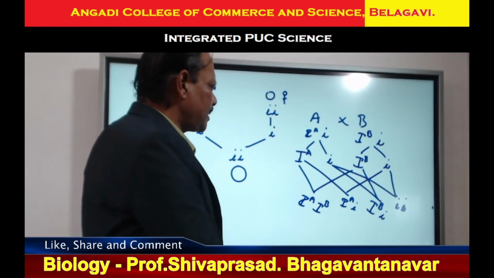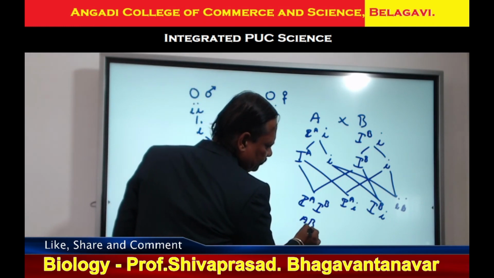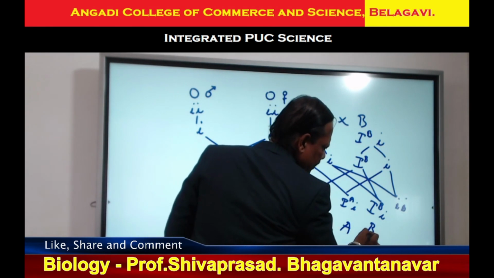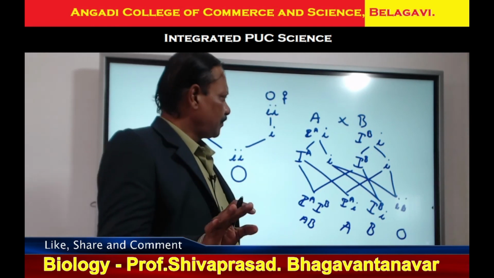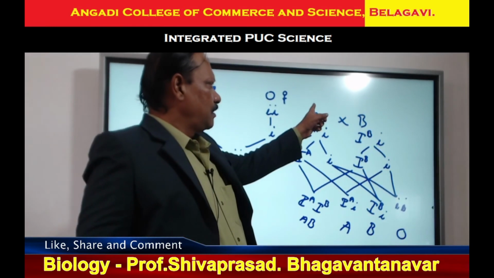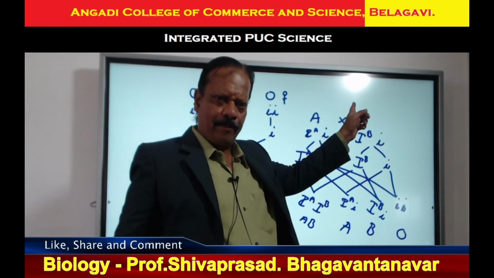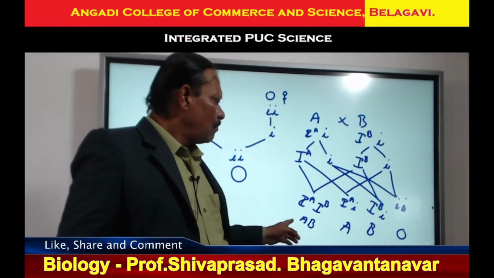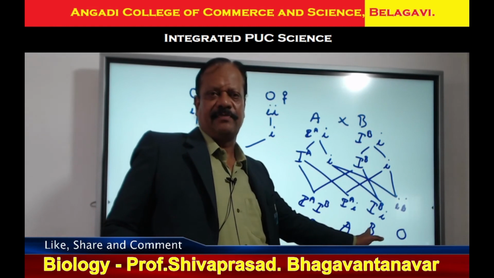So the possible blood groups you see are AB, A, B, and O. So if blood group A male is crossed with blood group B female, then all four blood groups are seen here. This is the possibility.